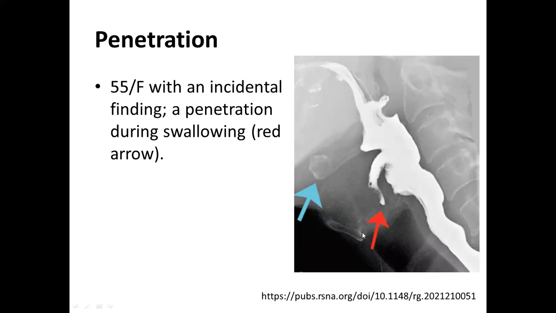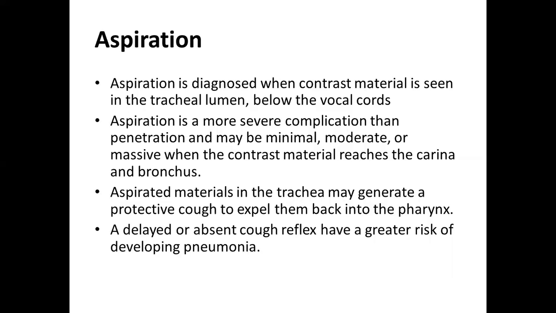We have the esophagus and the trachea here, the esophagus filled with contrast and well outlined, and the trachea is clear anteriorly and posteriorly. There is no contrast at the level of the vocal cords, around here, which means this is not aspiration as such, but is penetration.